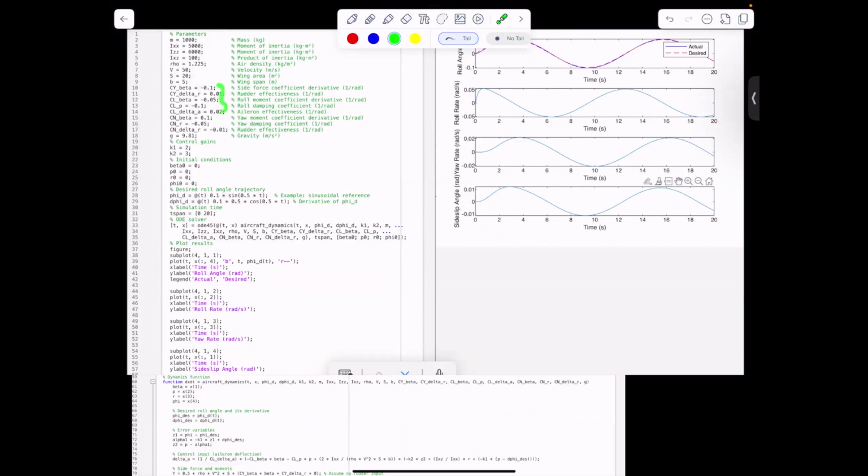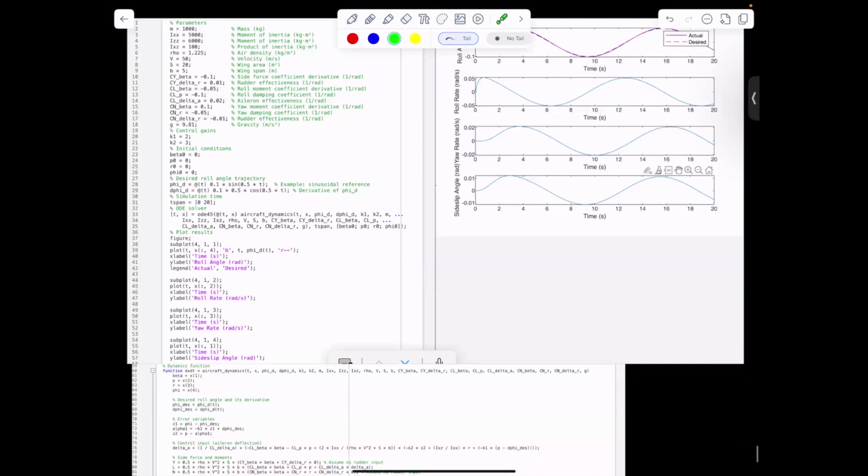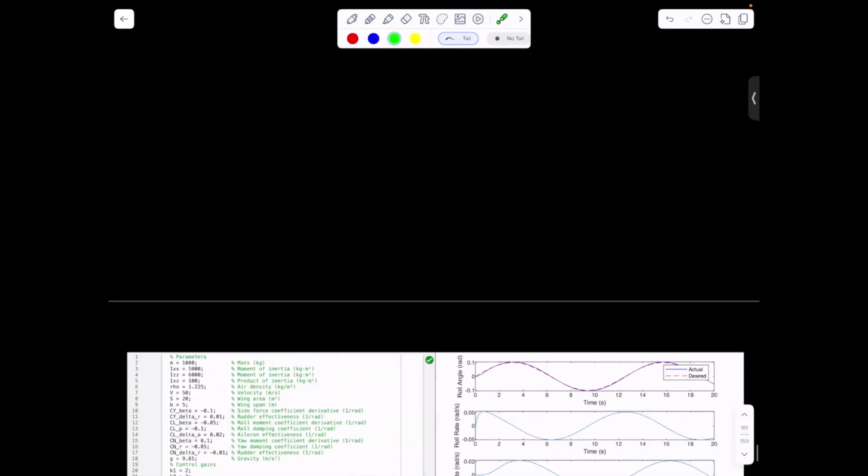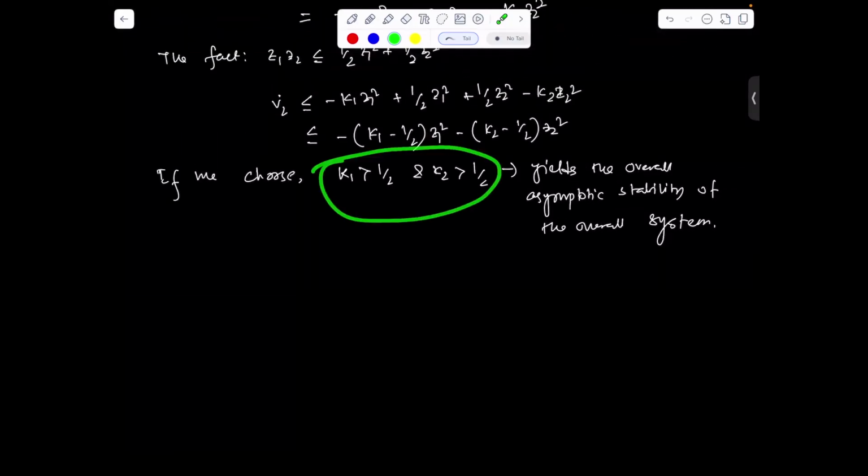And these are the force coefficients, the roll moment and force coefficients we have defined here. And these are the other parameters we have used in the dynamics. We have chosen the control gains K1 to be 2 and K2 equal to 3, which satisfies this condition, right?